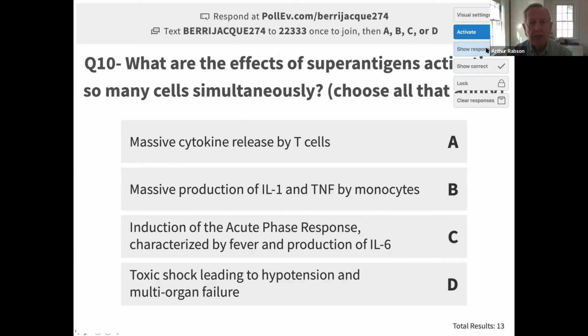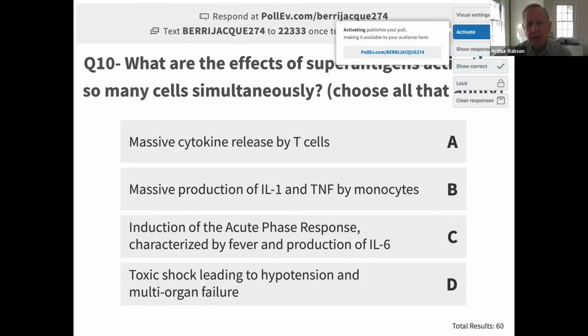And here again, what are the effects of superantigens activating so many cells simultaneously? So perhaps you'd like to spend just a moment on that.